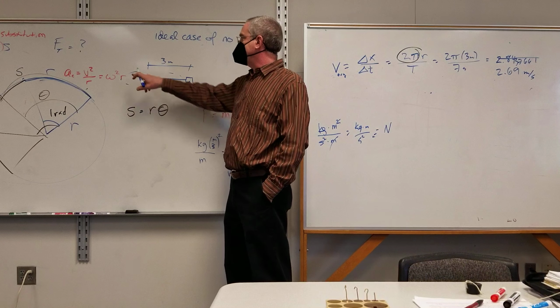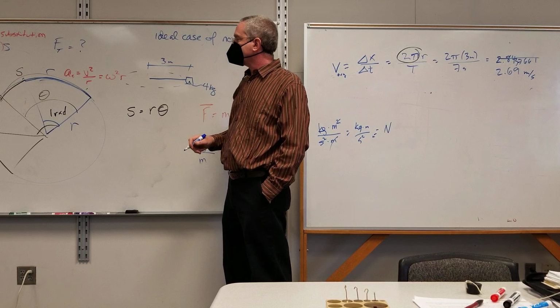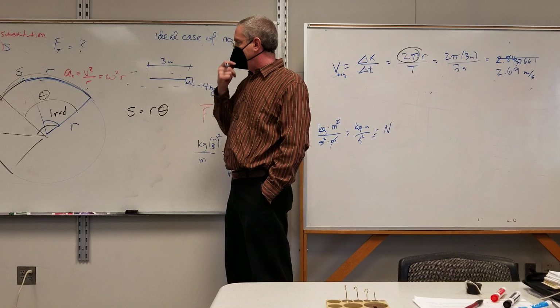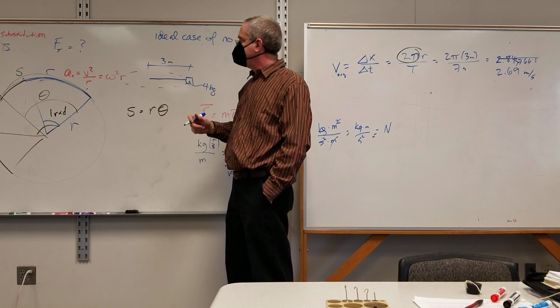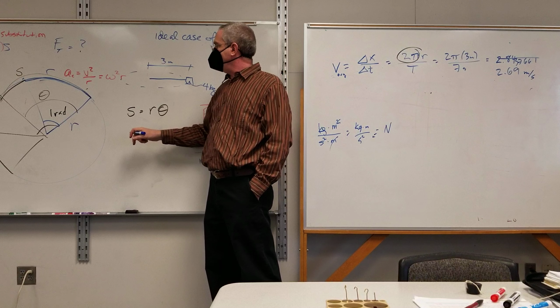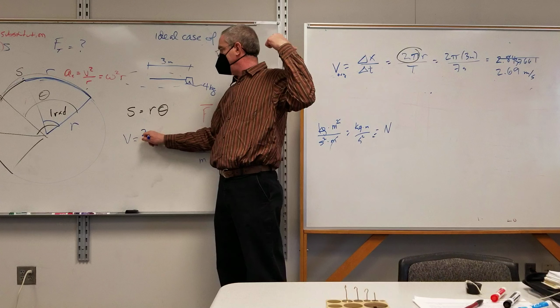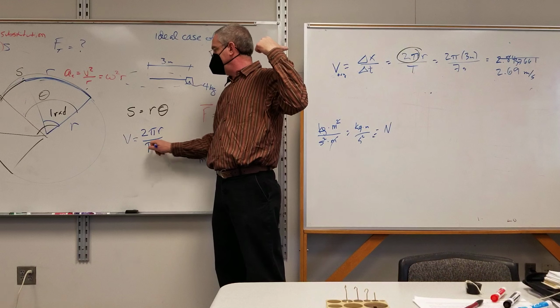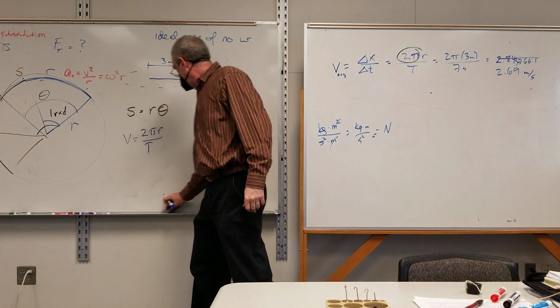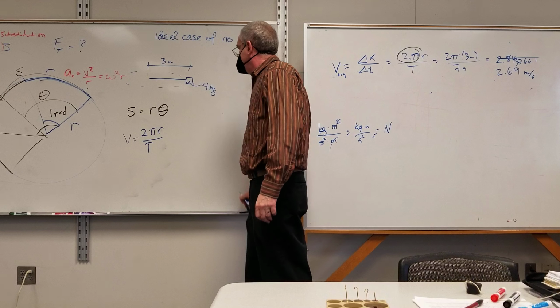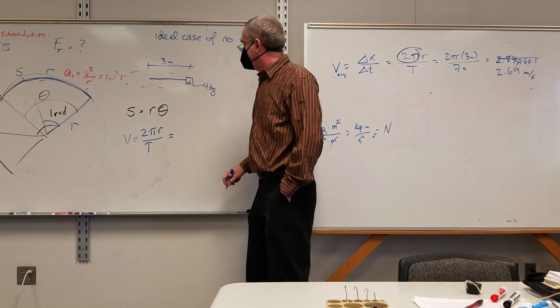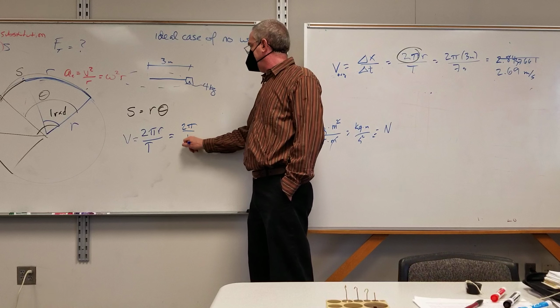Now, getting this relationship here. If I want to find the speed of an object, as we did over here, it's the circumference divided by the period, which is 2 pi over T times r.